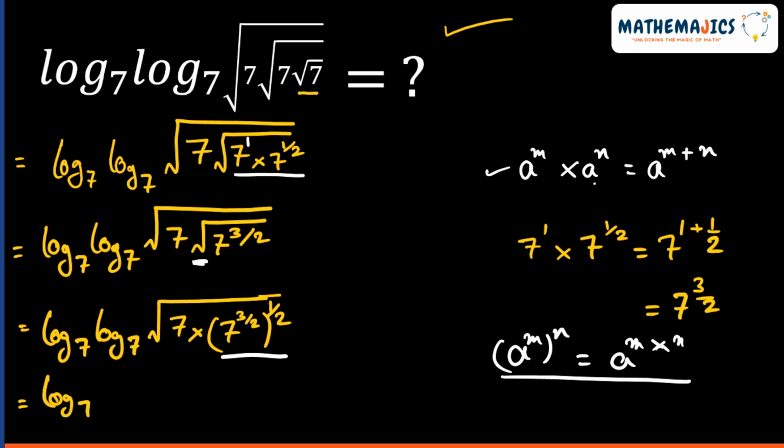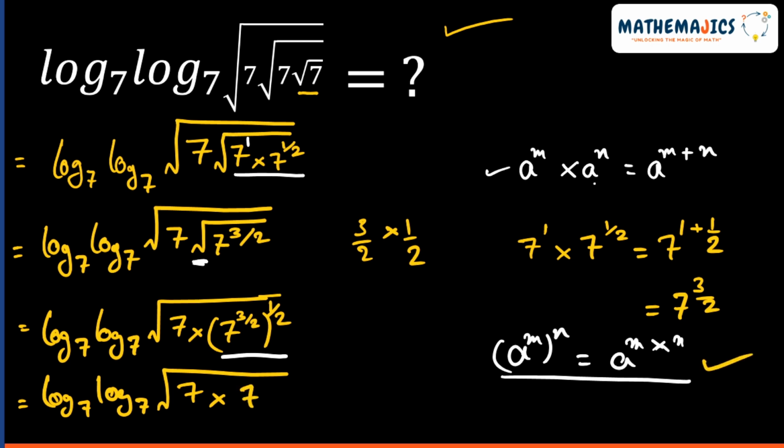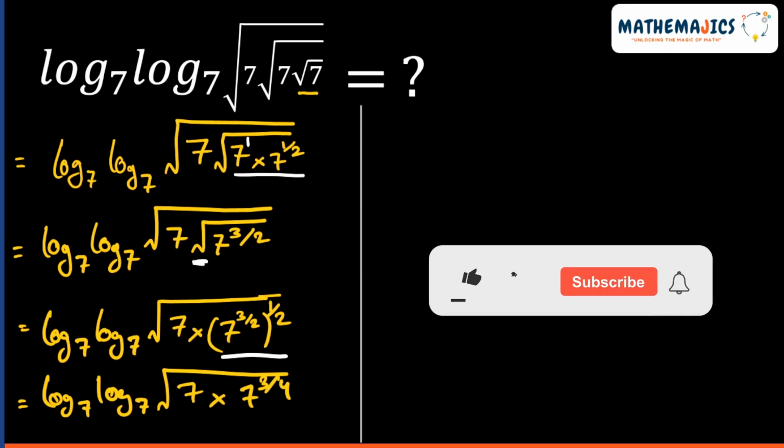Log base 7 log base 7 under root 7 times, this will become 3 by 2 times half. Correct? So as I told you, we are using this rule. If we multiply this, we will get 7 raised to power 3 by 4. Correct? 7 raised to power 3 by 4. Let's see what we need to do in the next step. In the next step, if you look carefully, the power of this 7 is 1.